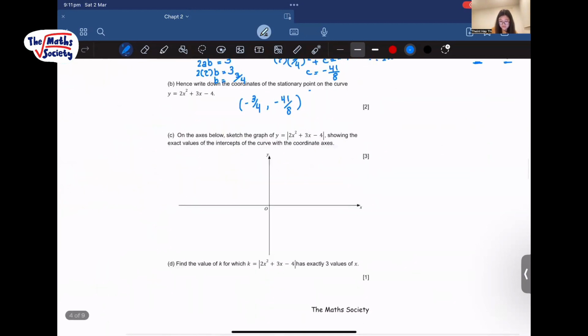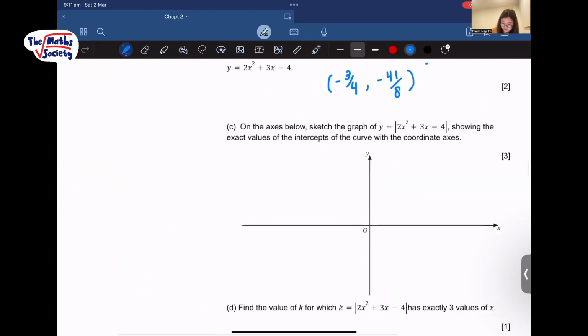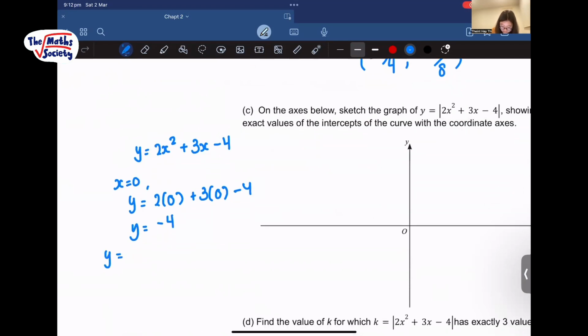Yep. And then they ask you to sketch the graph of y equal to 2x squared plus 3x minus 4, which is a curve. To find the intercepts, when x is equal to 0, y will be minus 4. When y is equal to 0, we have 2x squared plus 3x minus 4 equal to 0.